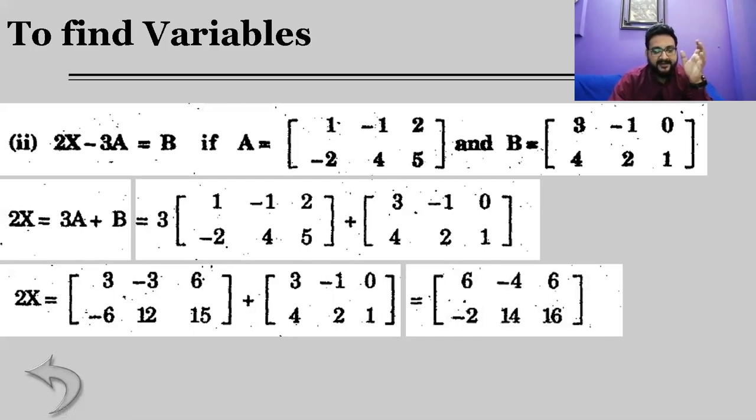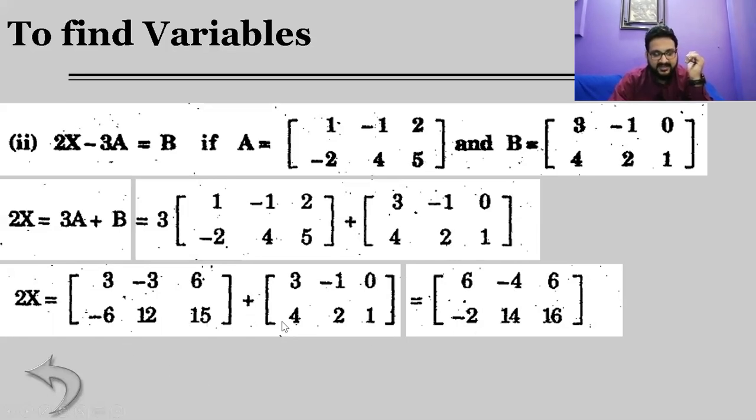We have had a lot of practice, so we can calculate directly. So 3 plus 3 equal to 6, minus 3 plus minus 1 becomes minus 4. 6 plus 0 means 6.